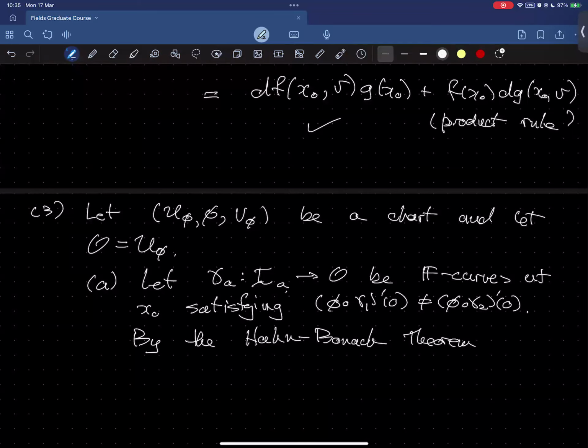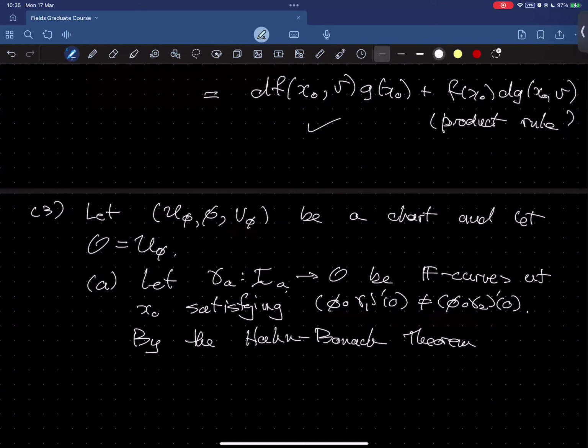What I'm going to do here is use it in the guise of: if I have two vectors in my vector space which are different, like these two, then I can find an element of the dual which differs when you apply it to those. That's one of the consequences of some version of the Hahn-Banach theorem. The Hahn-Banach theorem comes in many different flavors.